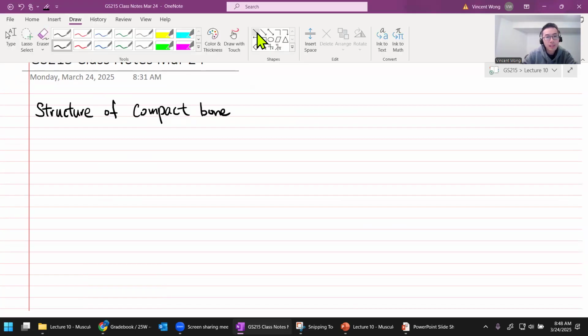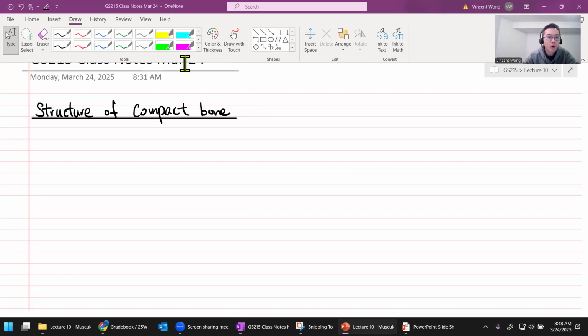Bones can be compact, as in really, really dense, or it could be spongy. So the same bone can have compact bone and spongy bone. Usually for long bones, spongy bone is located at the ends and closer to the interior, and then the compact bone is kind of in the middle.